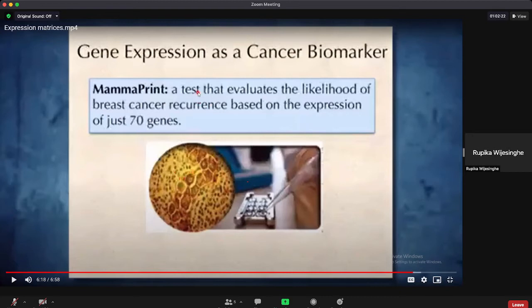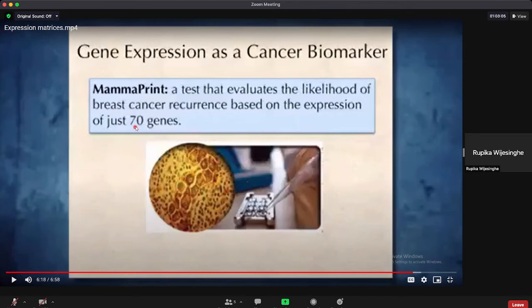This test evaluates the likelihood of recurrence based on the expression of just 70 genes. It is a commercial service, so they will not tell us the 70 genes that they measure. Maybe that is their secret, but you can pay the money and get the test output.